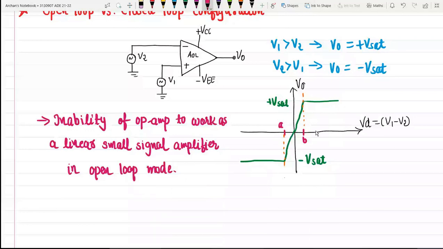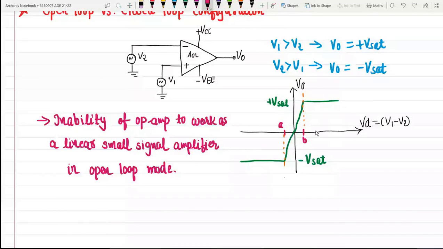Such open loop behavior of the operational amplifier finds very rare applications. We will be using the operational amplifier in voltage comparators, zero crossing detector circuits, etc. We'll see some applications in open loop mode, but most applications use closed loop configuration.